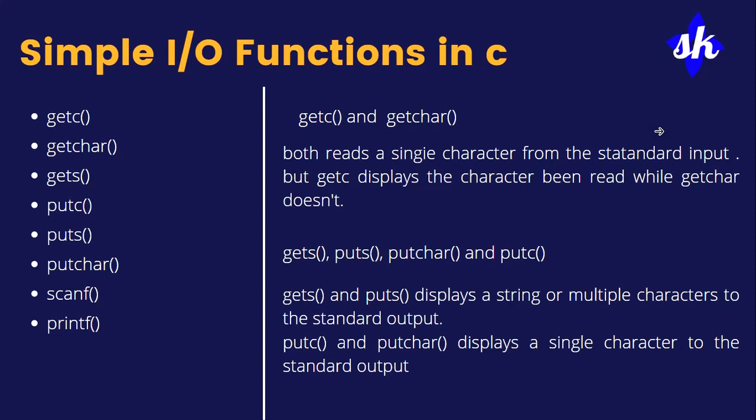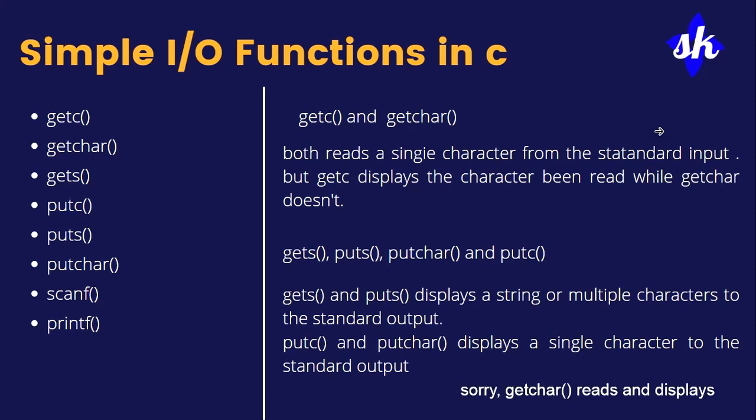That means if you are passing in something like Sammy, which in this case is a 5-letter word, via your keyboard, getc and getchar are only going to read the first letter. It takes into acknowledgement that other characters are still there, but it's only going to read the first letter because its job is to read a single character.